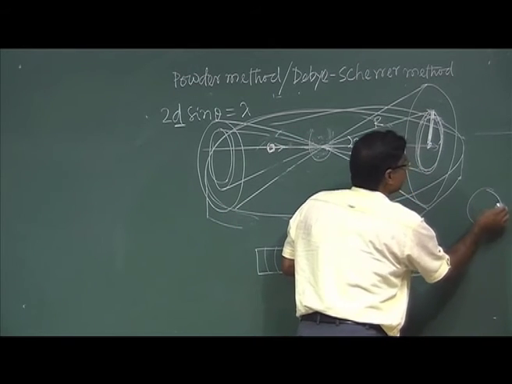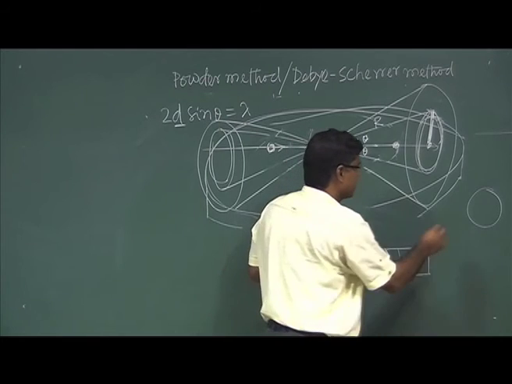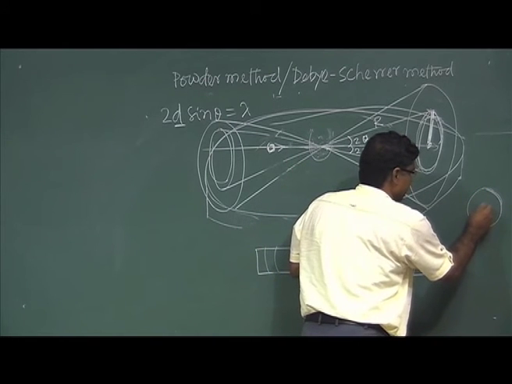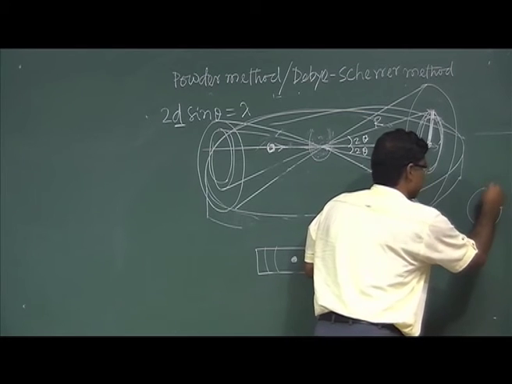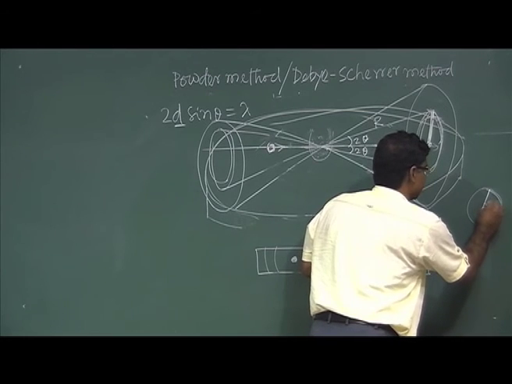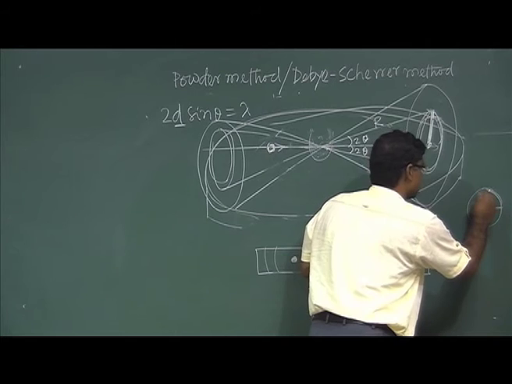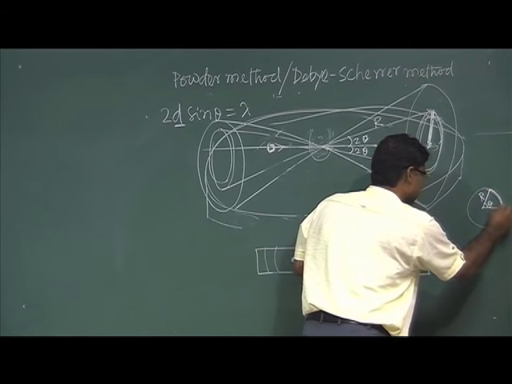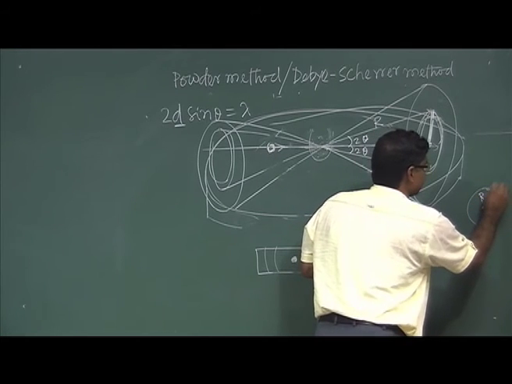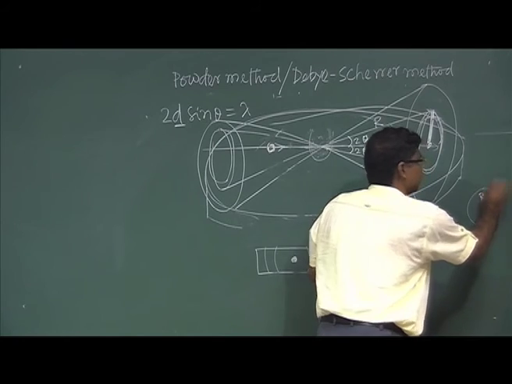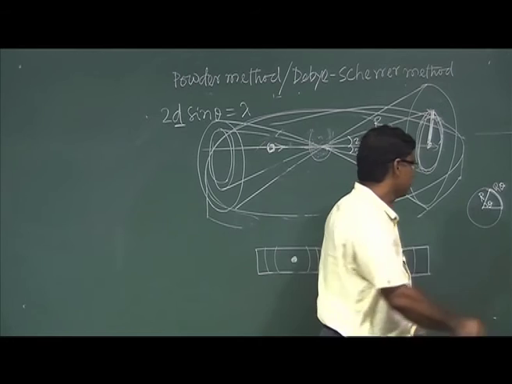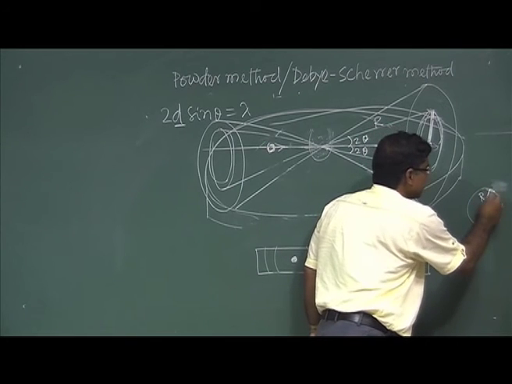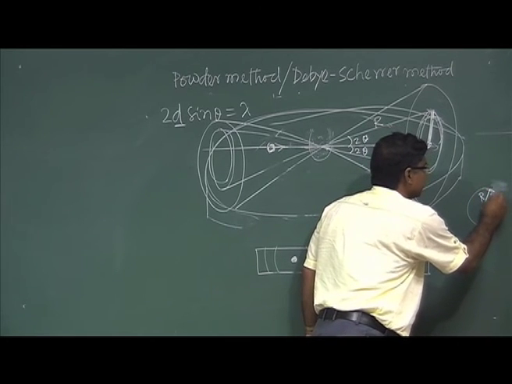You have a circle, from the center, if it is angle theta and radius r, what is this arc? The arc is basically r theta, right.